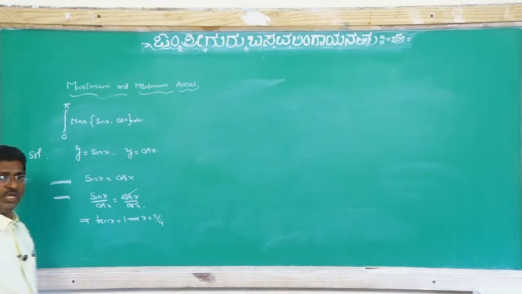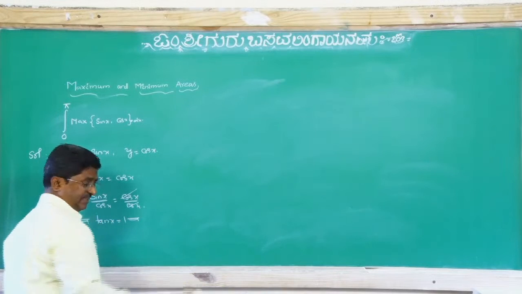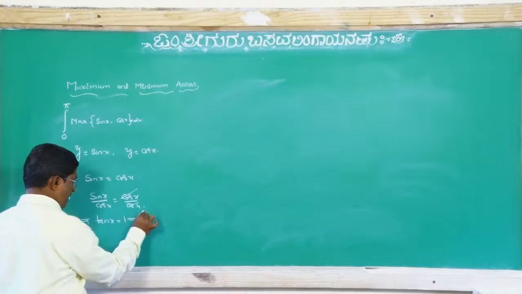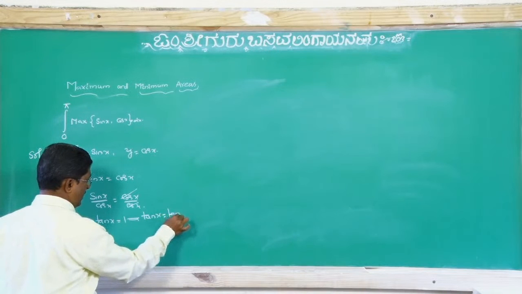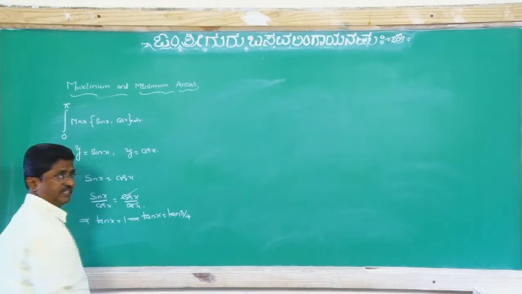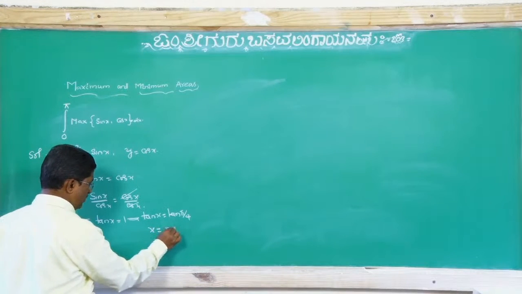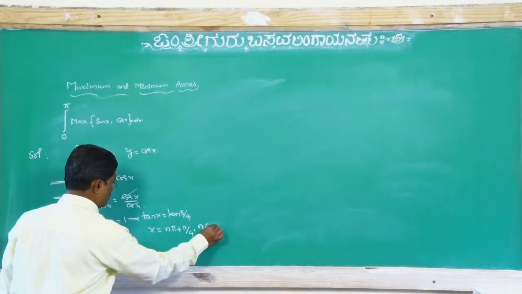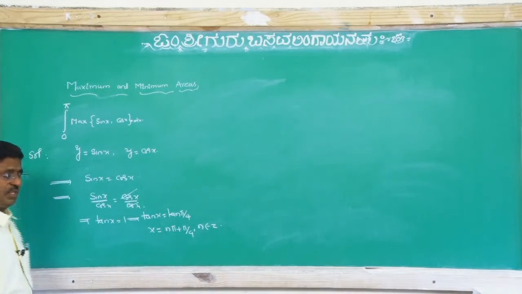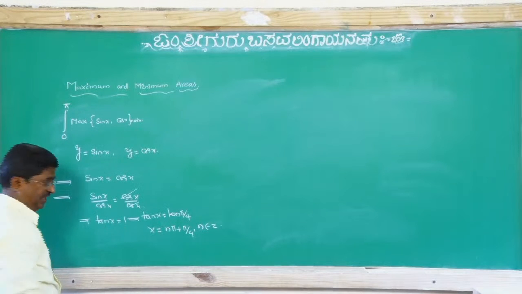Right? Even though, you can write the general solution also: tan x is equal to 1, that implies tan x is equal to tan of pi by 4. Like this, tan theta is equal to tan alpha, theta is equal to n pi plus alpha, n belongs to Z. Now, we have to determine the interval 0 to pi only.